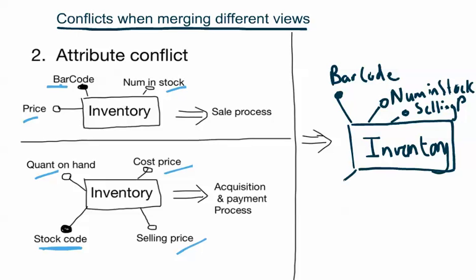So we have selling price, quantity on hand and number in stock is the same. So then we also have a cost price, and that is then a set union. Now both of the entities' attributes are taken into account in the merged entity.